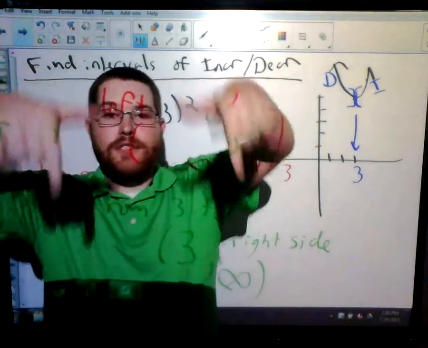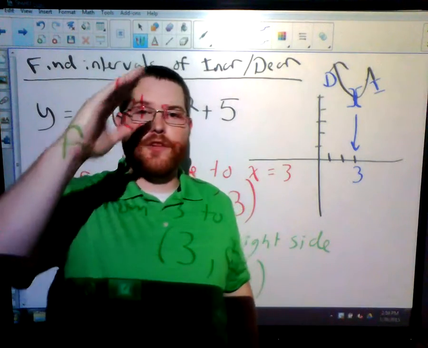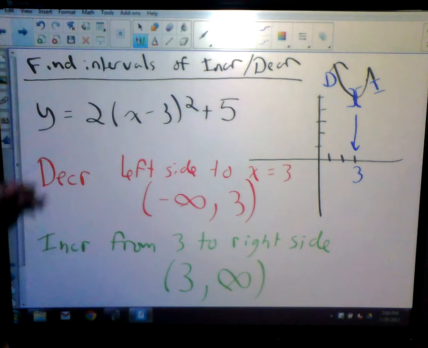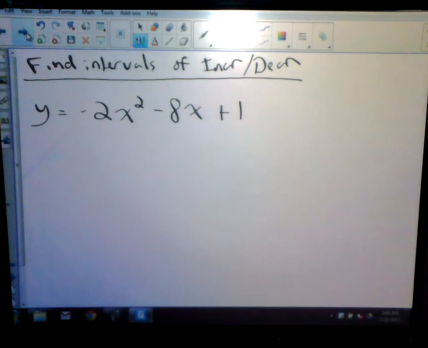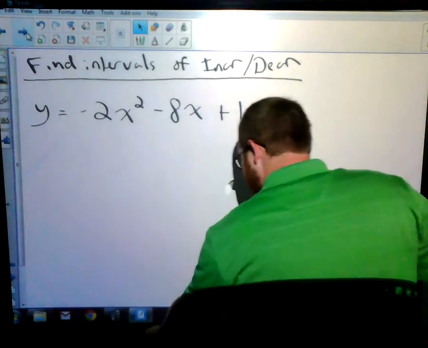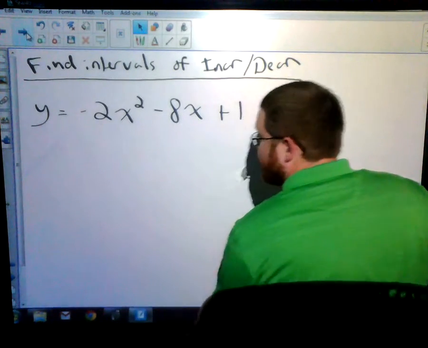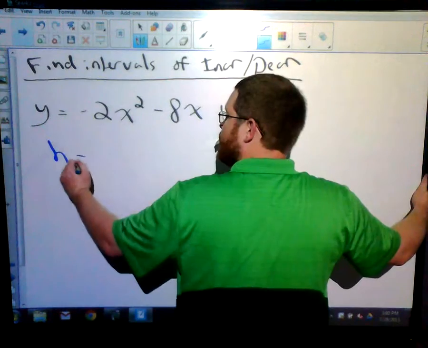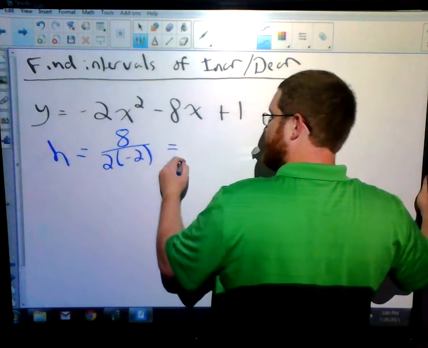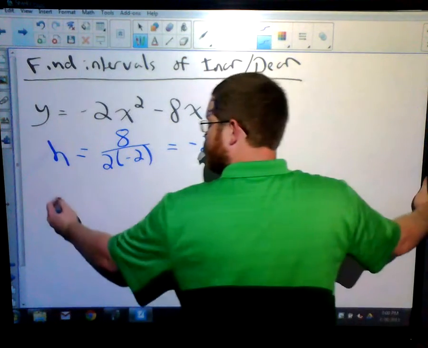If the parabola was upside down, it would increase first and then decrease second. So pay attention to which way it looks. This one is an example of one that goes down. This parabola, we need the vertex for. So h equals opposite of b over 2a. So that's -2.